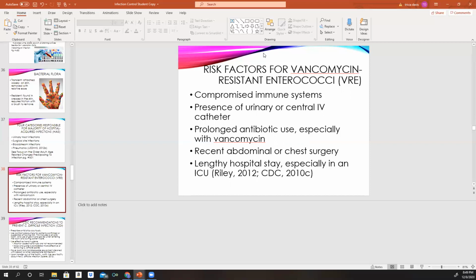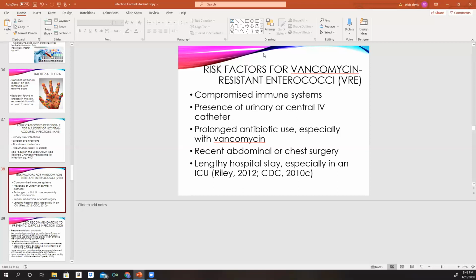So these organisms are resistant to an antibiotic by the name of vancomycin, okay? So that's why we call it vancomycin-resistant enterococci. That enterococci is resistant to vancomycin and it can't kill the infection if we treat it, okay?